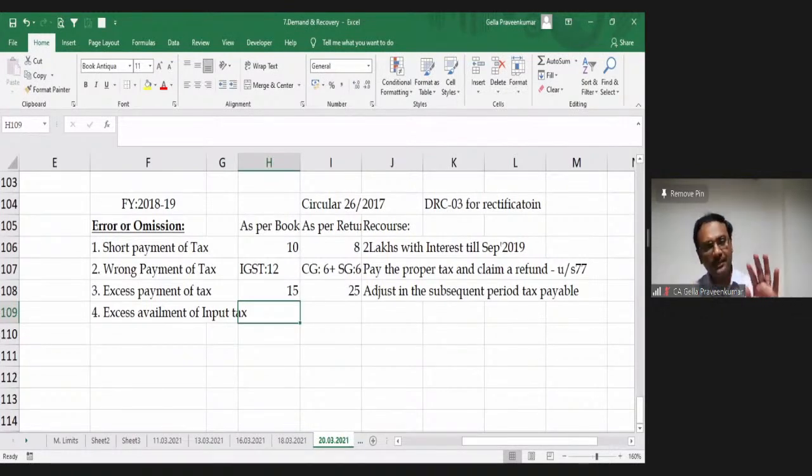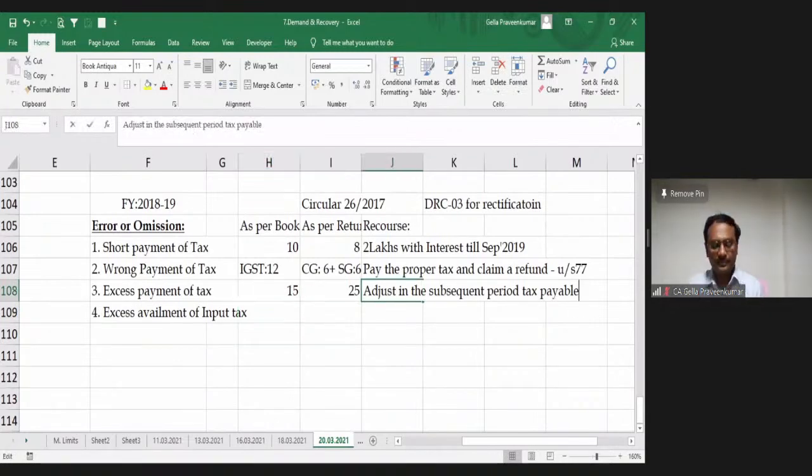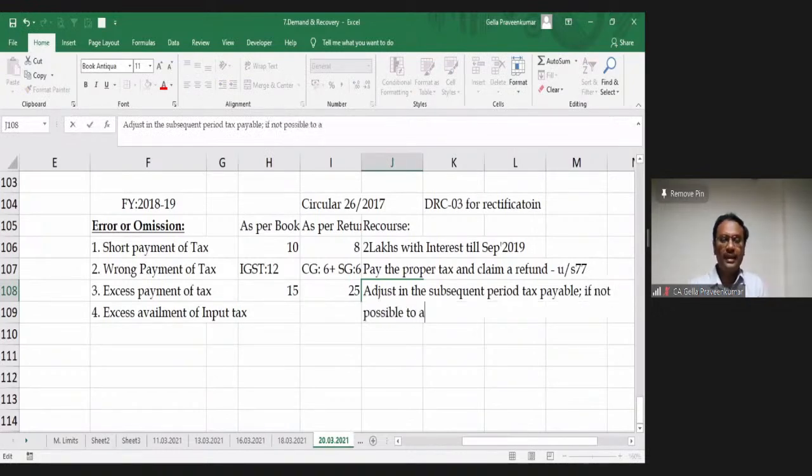They say, don't worry, whatever excess tax you have paid, within 6 months from the end of the financial year, you can adjust that excess tax. What if I'm not in a position to adjust? If not possible to adjust within 6 months, claim a refund.